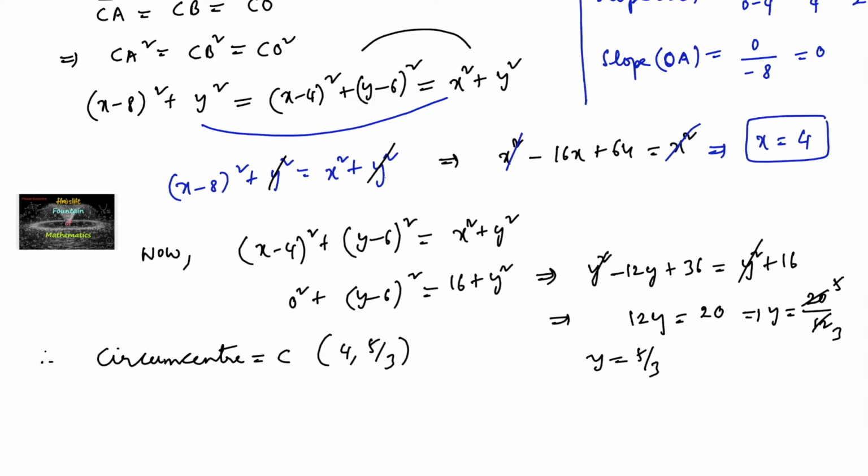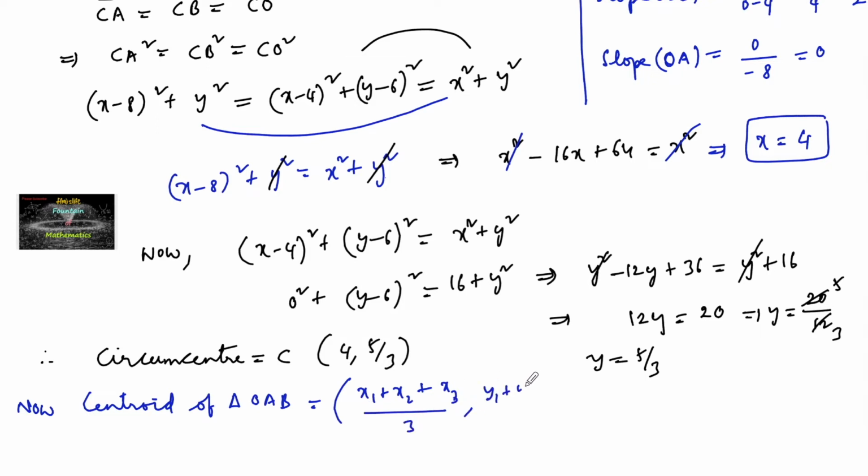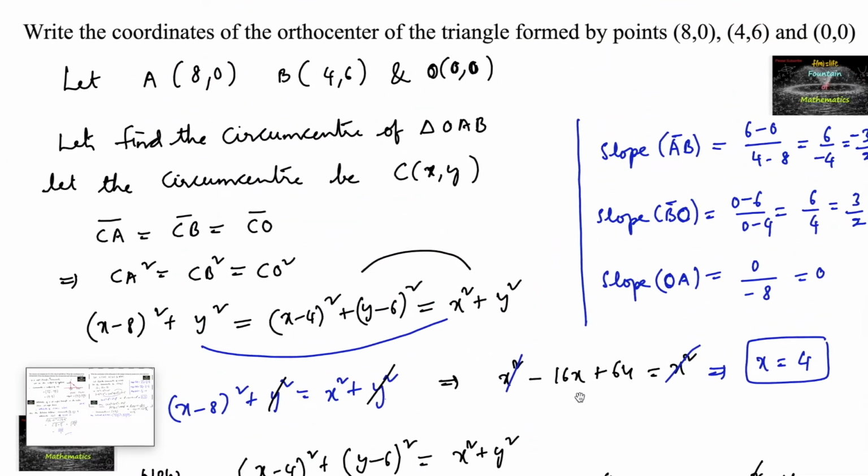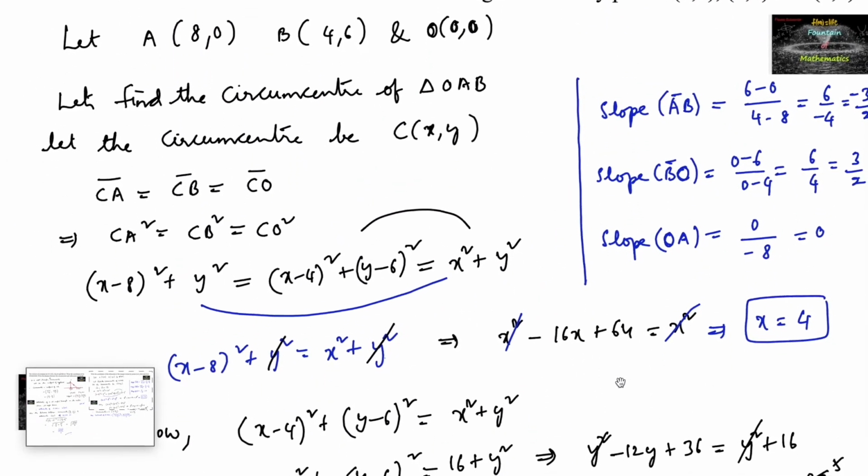And now centroid. Centroid of triangle OAB. Since we know centroid of triangle is ((x1 plus x2 plus x3) by 3, (y1 plus y2 plus y3) by 3). So the three vertices are (8, 0), (4, 6) and (0, 0).